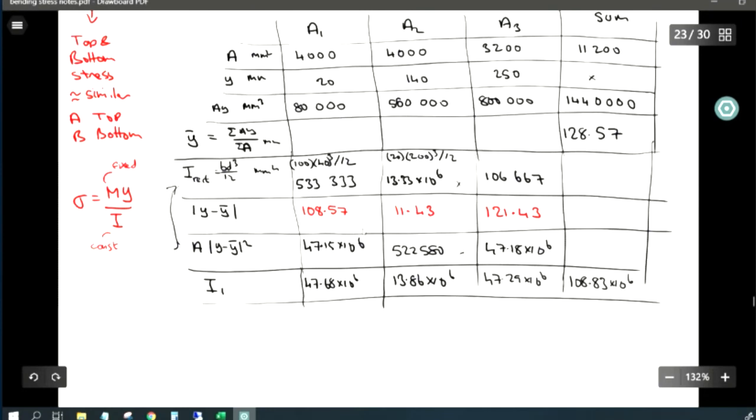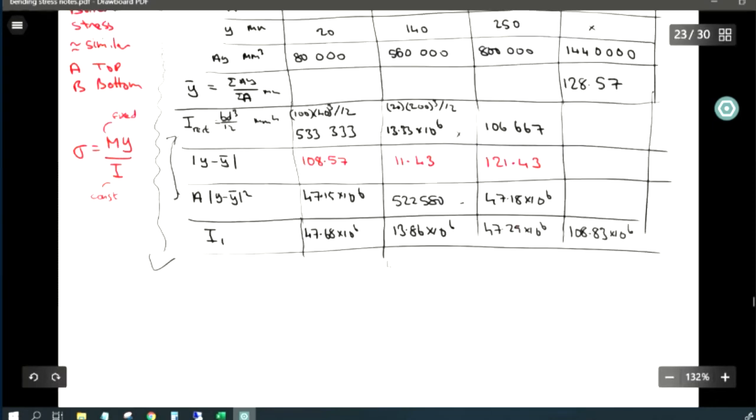If you follow these processes and work your way down this table, you can get the answers fairly straightforwardly, although it's a little bit messy. That's where doing these things on a spreadsheet is actually quite useful. So that's why we'll get you to do some more homework using this kind of stuff in a little while. Okay, so that's the I value.